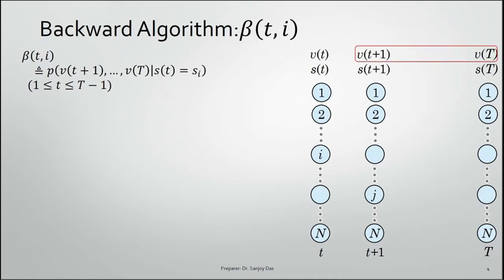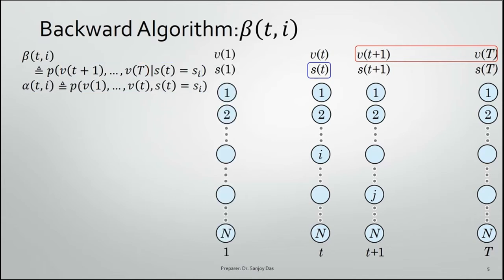This is the future output that beta_t(i) accounts for: V_{t+1} to V_T given the current state S_t equals S_i. Now let's compare it with the forward variable that we had seen earlier.